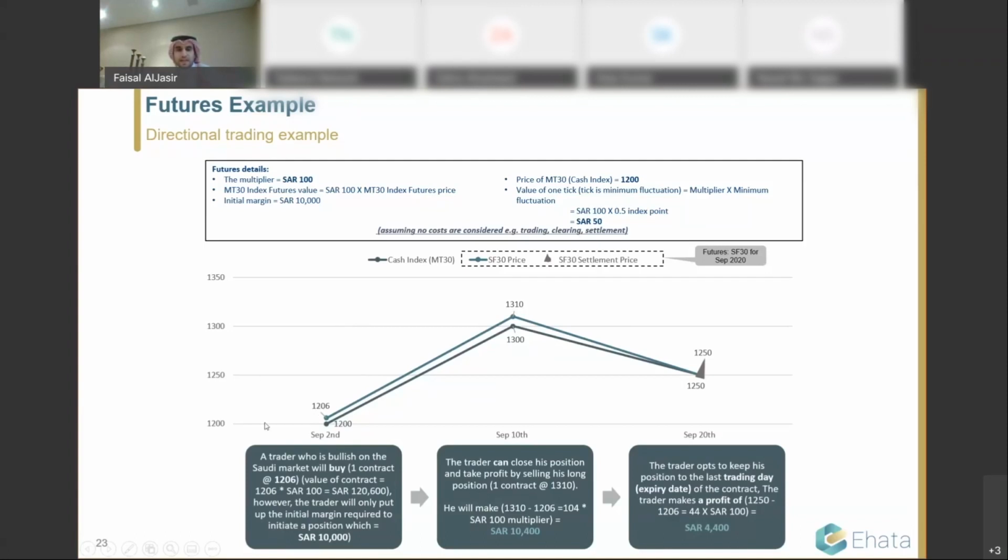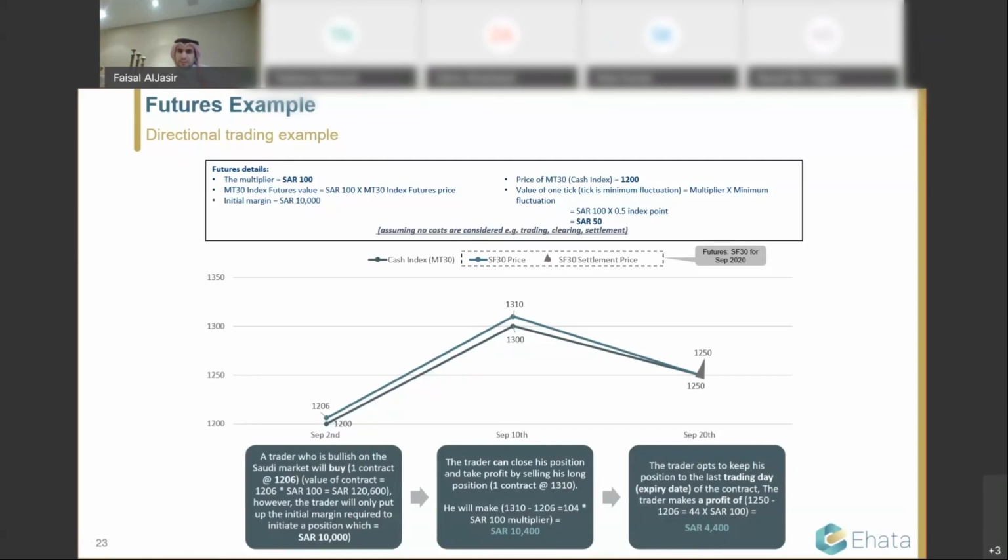You multiply the value of the contract by the multiplier, which is 100, and you get 120,600. That's the position. That's the exposure. That's an exposure that you have taken on the future, and equally you have taken on the underlying itself, the MT30. So that's exposure to the market here.